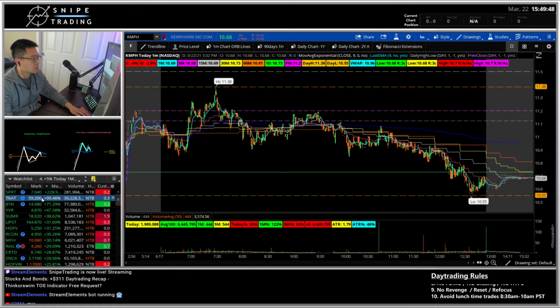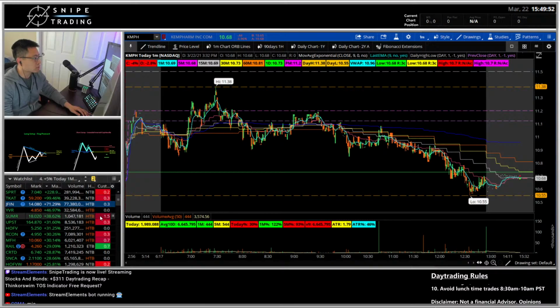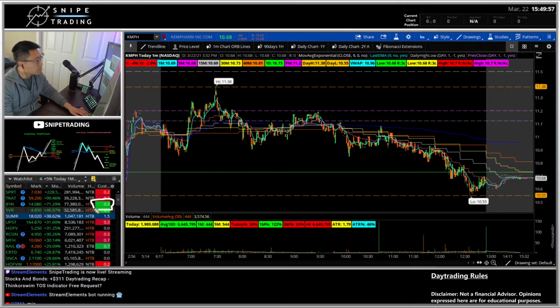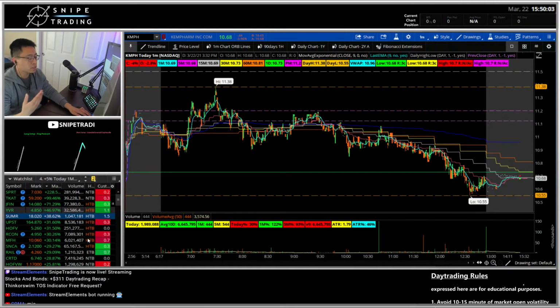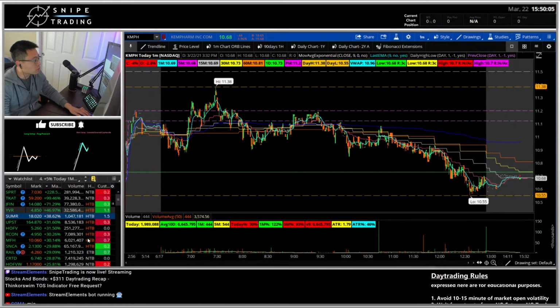If this stock is above an EMA level or below, and I have this, so this means it's 3% above the 9 EMA, or 0.7% below the 9 EMA. So you can add multiple and color code, just to help your trading.